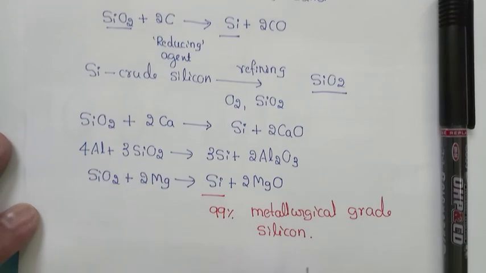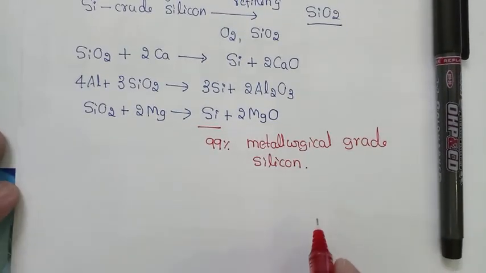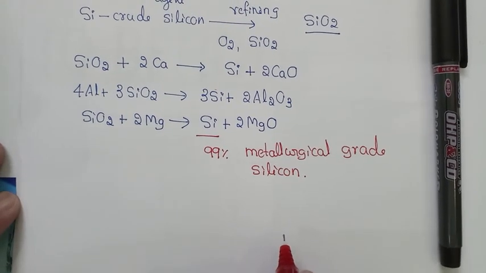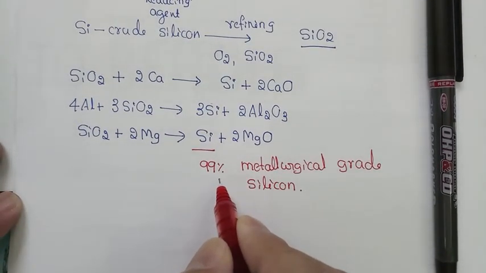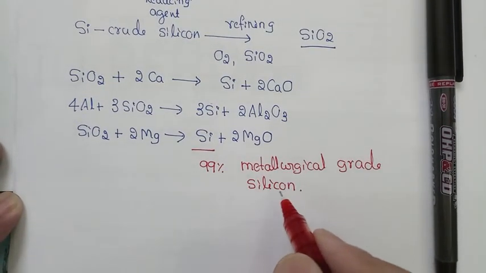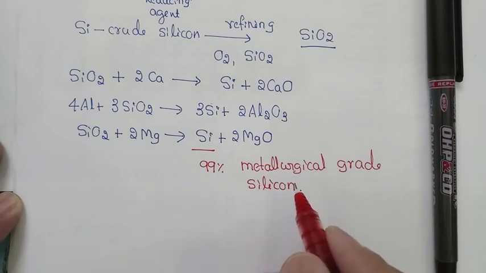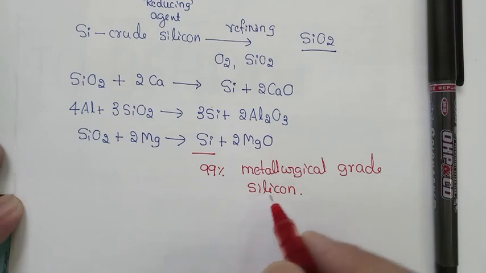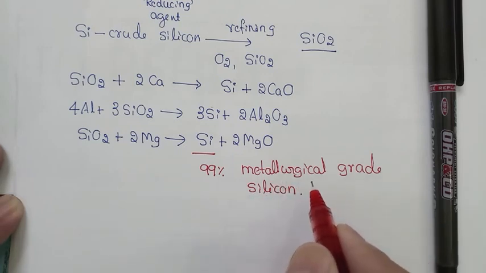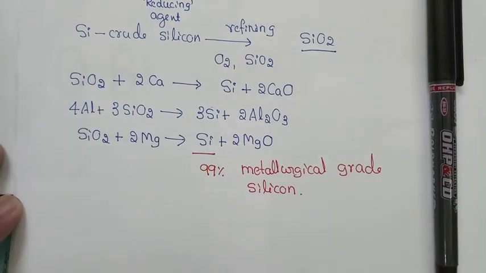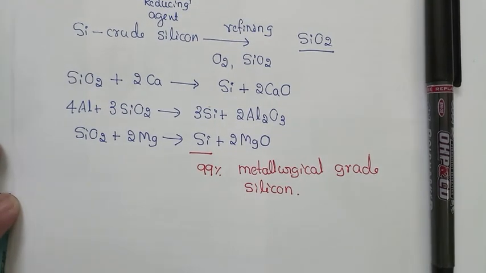Now this metallurgical grade silicon is converted into semiconductor grade. We need more purity than this in order to have a small conductance, semiconductor nature. So next let us see how we can convert this metallurgical grade silicon into solar grade silicon.